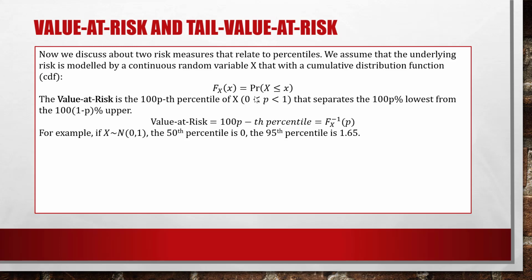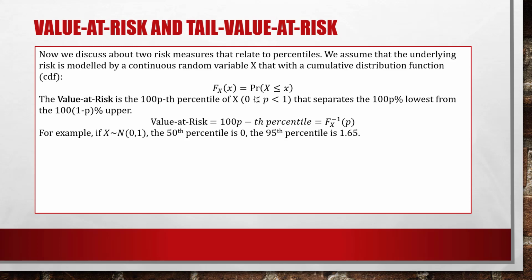For example, if we consider a standard normal distribution, remember standard normal distribution has mean 0 and variance 1. So the 50th percentile is 0. Remember, the standard normal distribution is symmetric, bell shape. So the 50th percentile is basically the number that separates the lowest 50% and the upper 50%.